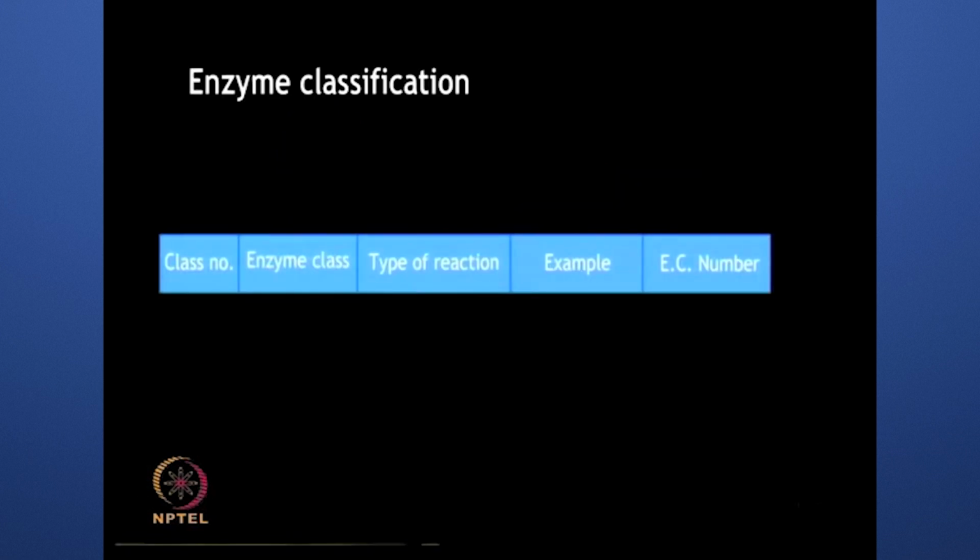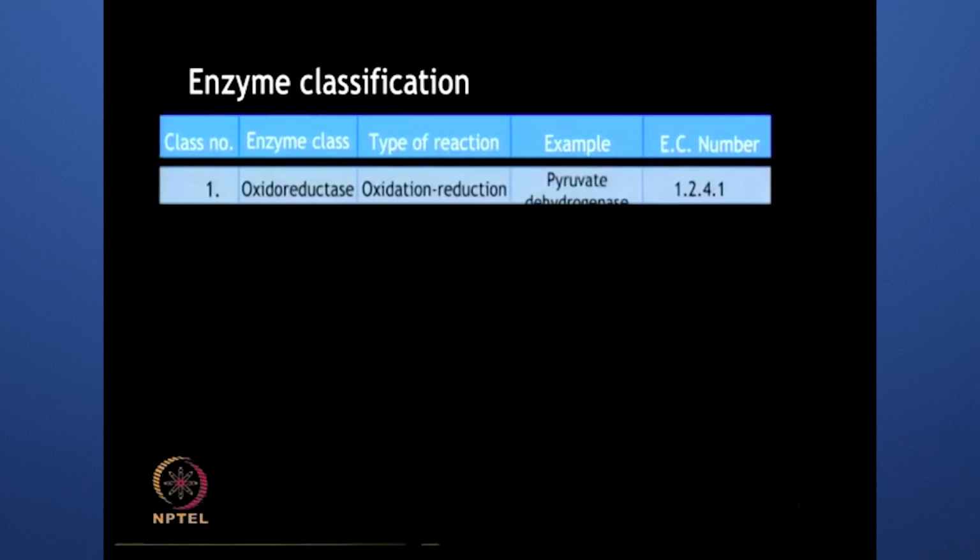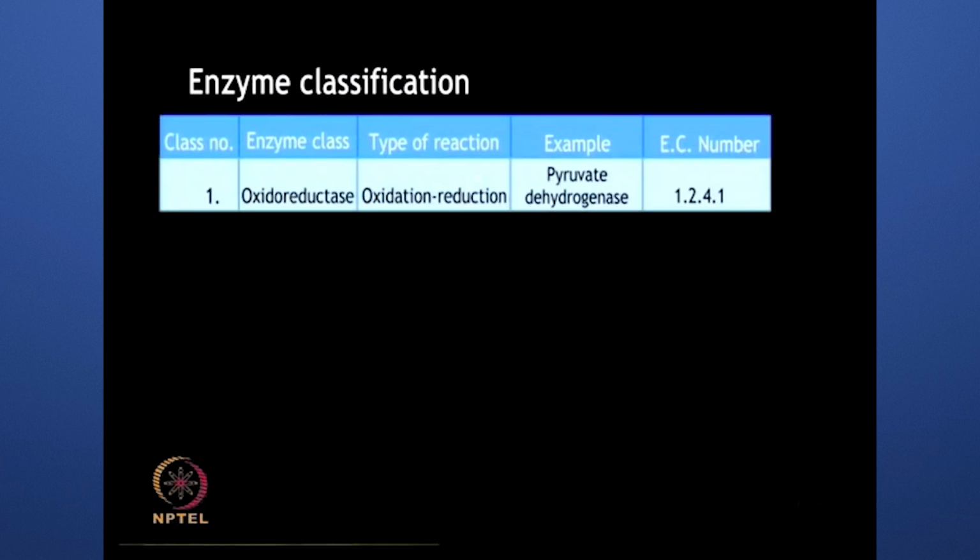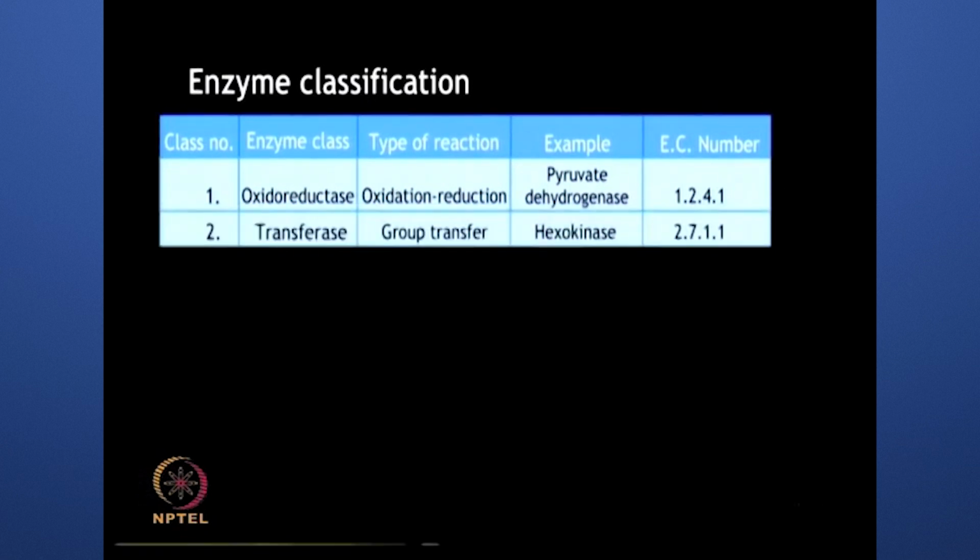Enzymes are classified on the basis of the reactions that they catalyze. Most enzymes are named by adding the suffix ase either to their substrate or the type of activity they carry out. However, as more enzymes came to be known, it became increasingly difficult to name in this manner.